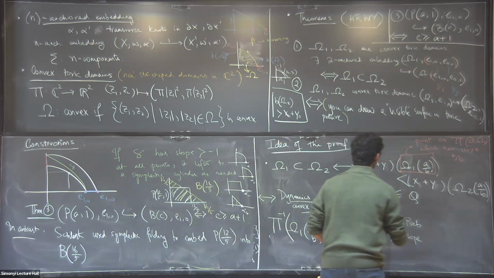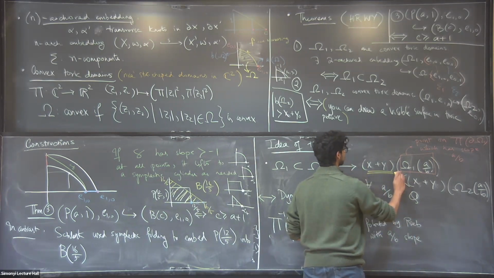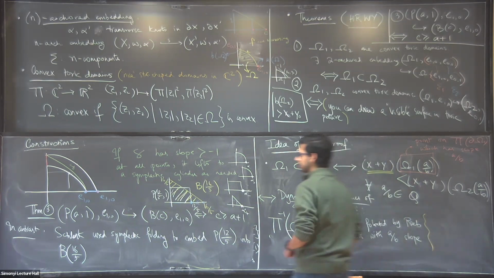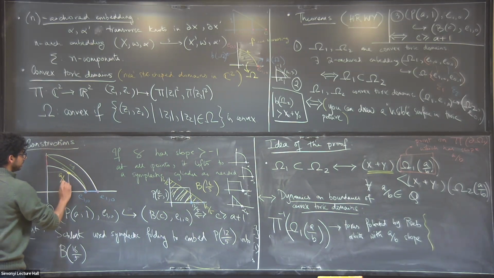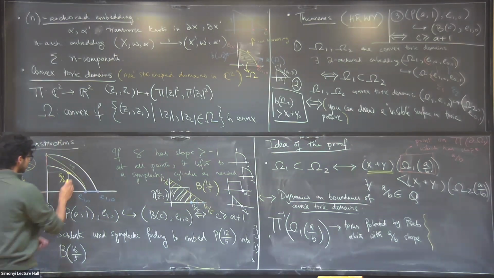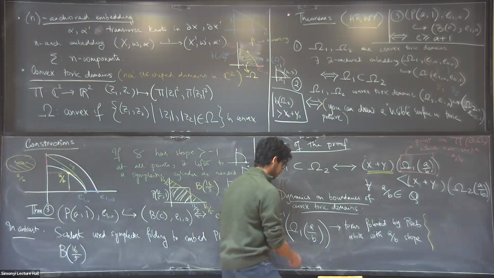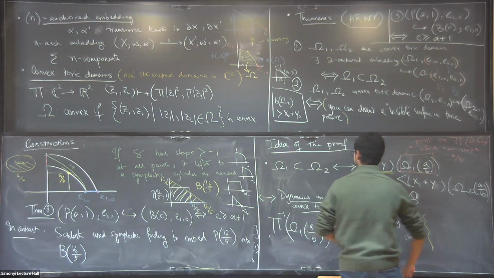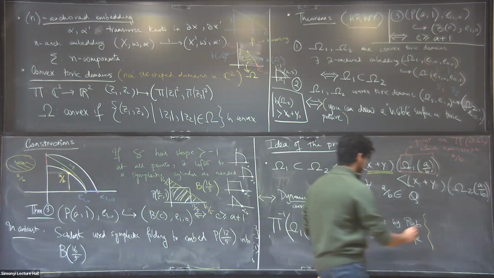And how does this x0 plus y0, x plus y, come into the picture? At any point, if you take this point, the slope is A over B. This corresponds to a torus that's foliated by Reeb orbits with slope A over B. And the action of these Reeb orbits, or the integral of the convex form over these Reeb orbits, is given by x plus y of that point.